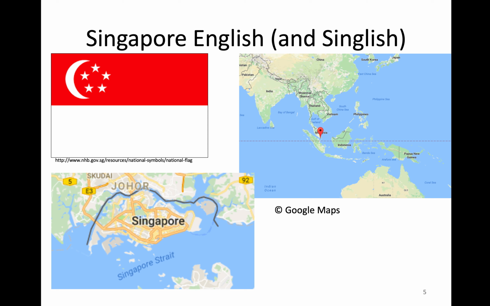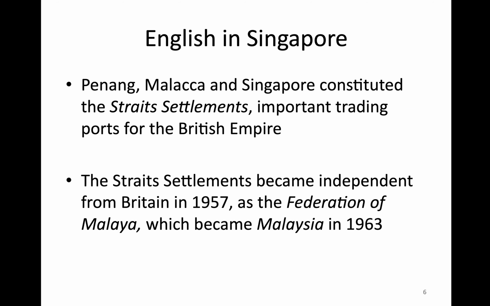Here is a couple of maps showing you the location of Singapore. It's a city-state just off Malaysia. Singapore, along with Penang and Malacca, constituted what were called the Straits Settlements, which were important trading ports for the British Empire.